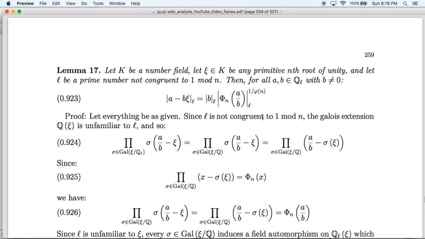Since L is not congruent to 1 mod n, this Galois extension is unfamiliar to L, because none of the powers will be dividers.